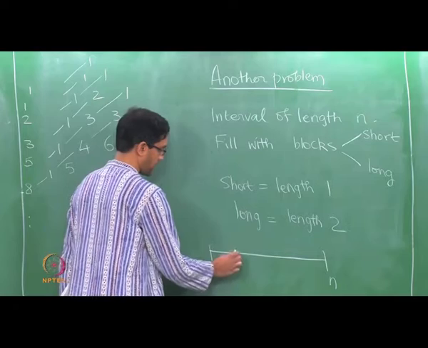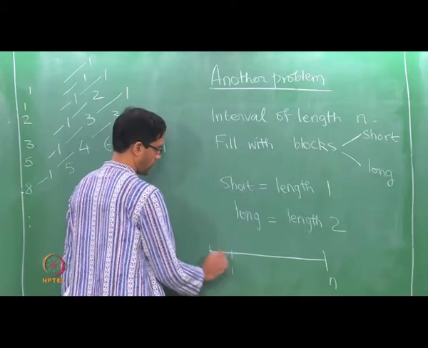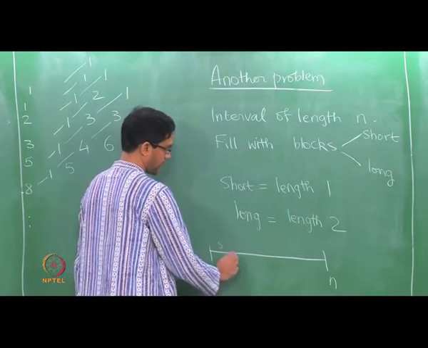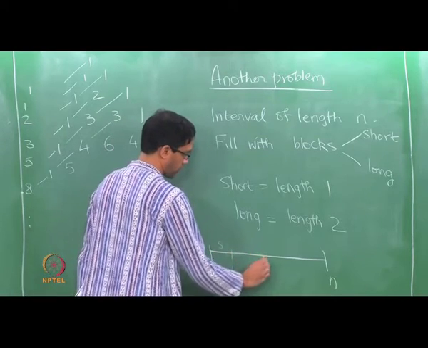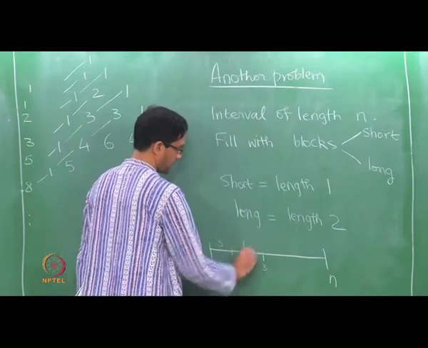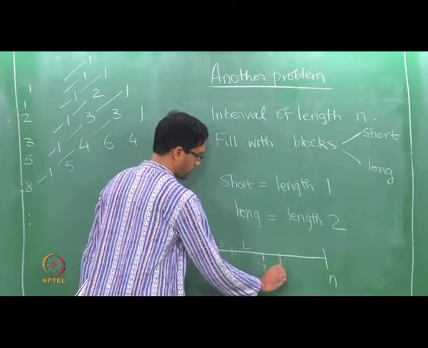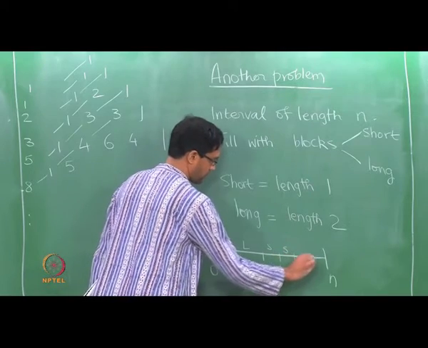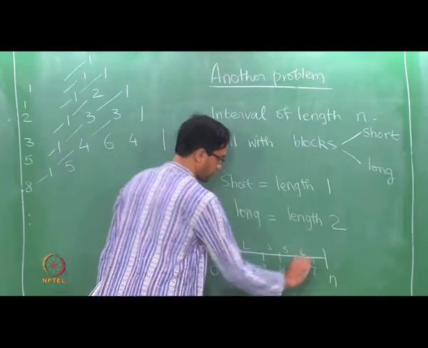So imagine that say between 0 and 1, a filling like this will be a filling by a short block. After a short block I want to fill it with a longer block. So between 1 and 3 I have a long block. So I could fill, say, with 2 short blocks and then follow it up with a long block and so on.